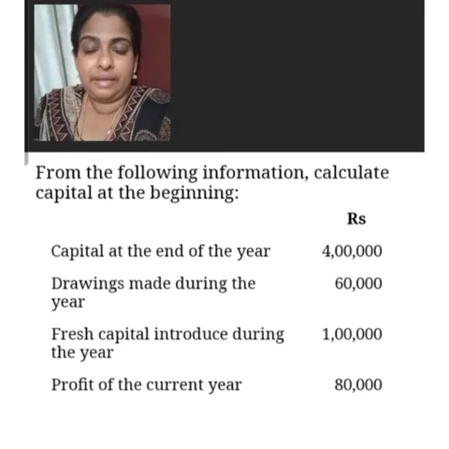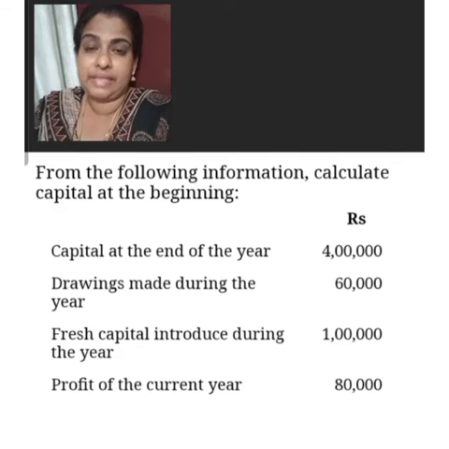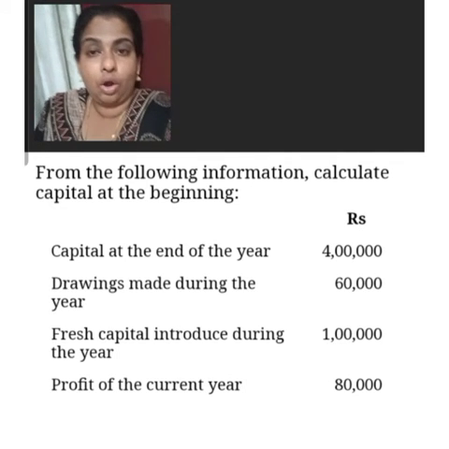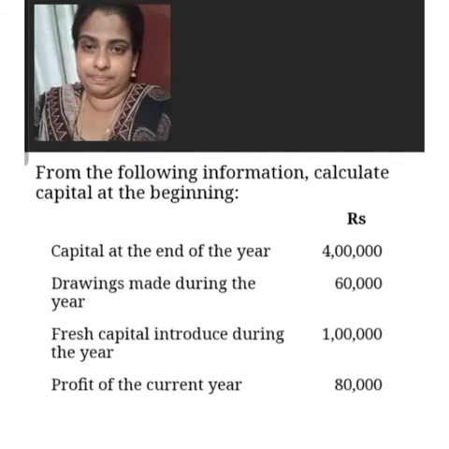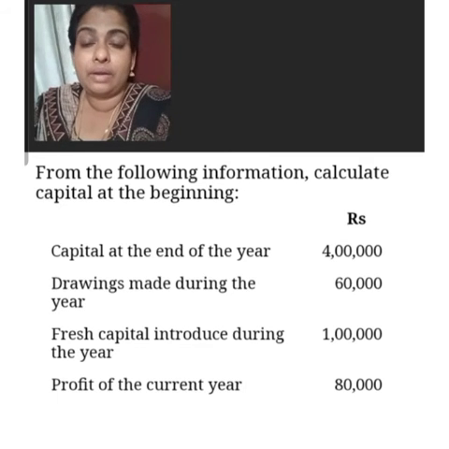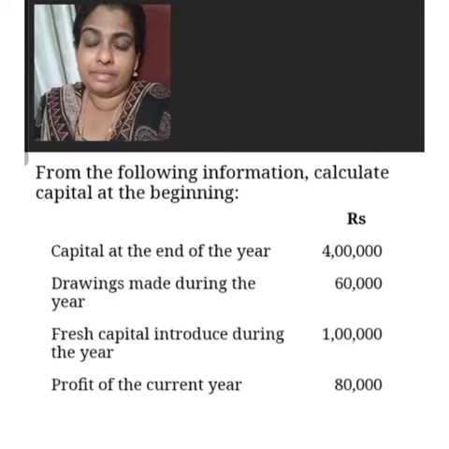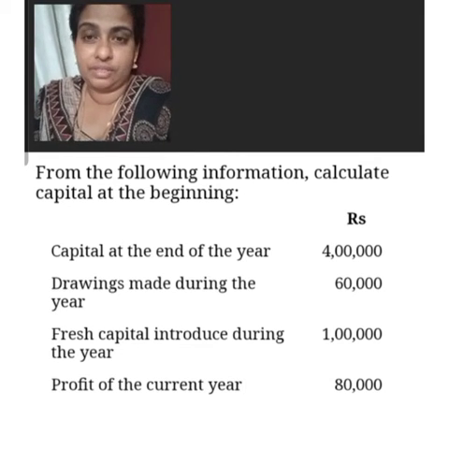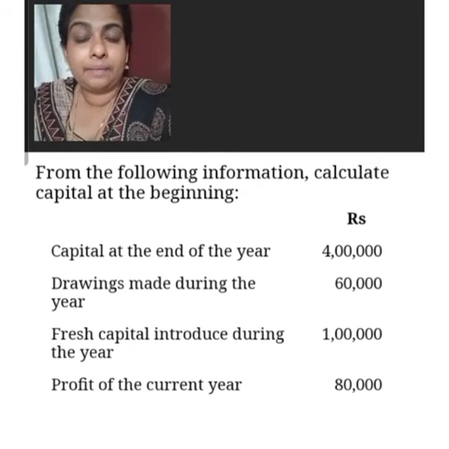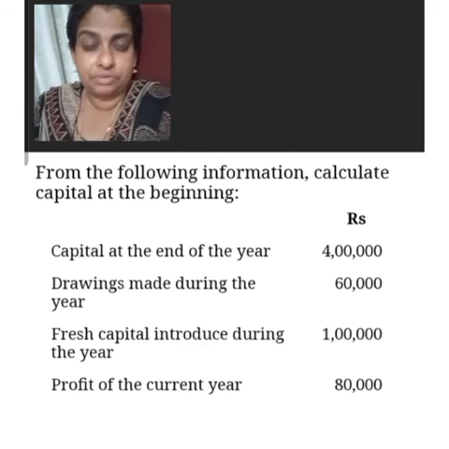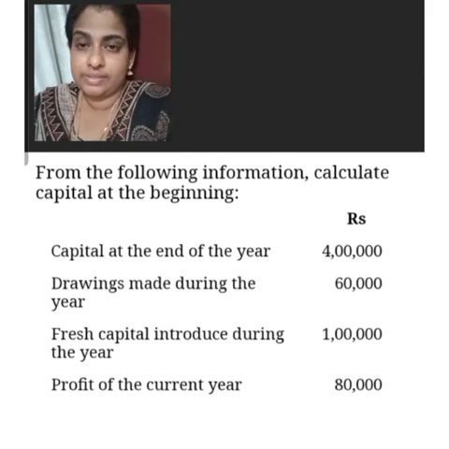The second method is by preparing a statement showing the calculation of opening capital. How can you calculate the amount of opening capital? As we know, in the statement showing the calculation of net profit, we already added the amount of drawings and interest on drawings with the closing capital.